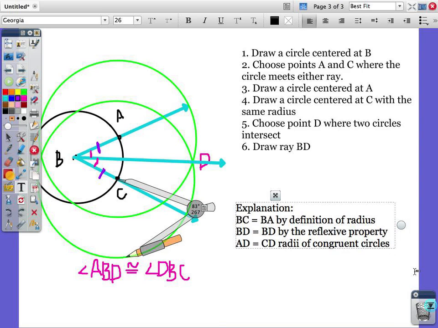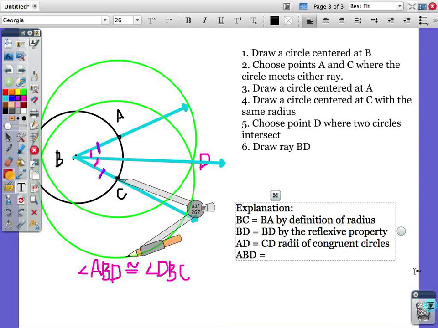So what does that mean about those two triangles? They're both congruent. All right, so triangle ABD is congruent to triangle CBD. It's got to be in the right order.